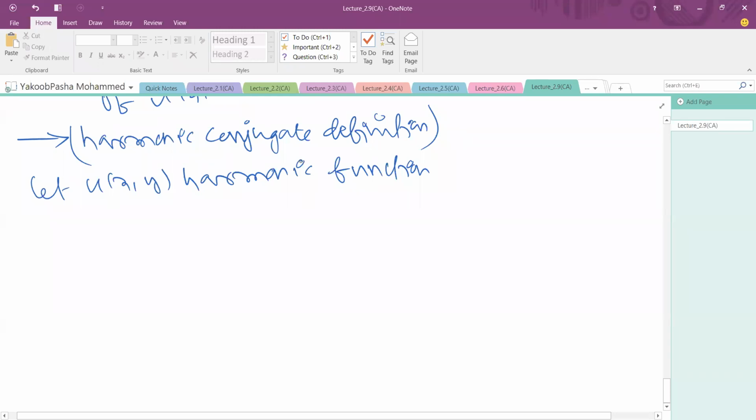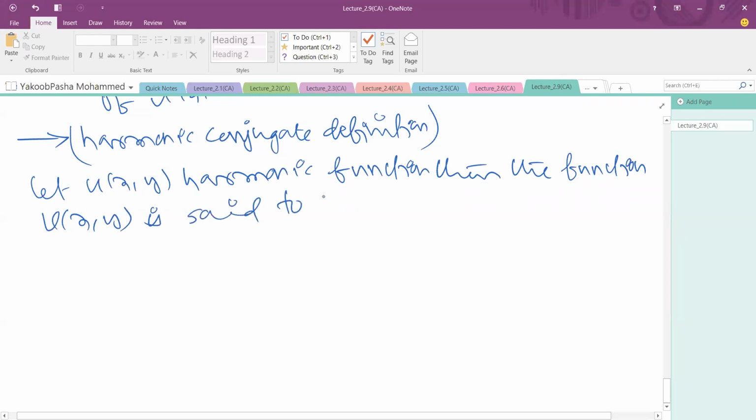In this case, the function v of x comma y is said to be harmonic conjugate of u of x comma y.